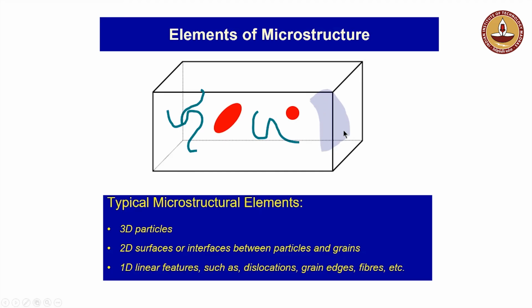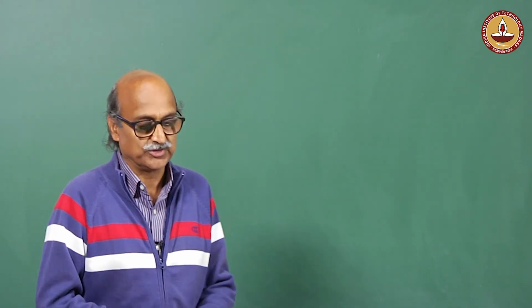It could be surfaces like grain boundary surfaces, or it could be solid particles. So, I have these various features: 3D particles, 2D surfaces or interfaces, and one-dimensional linear features such as dislocations, grain edges, fibers in a composite material.